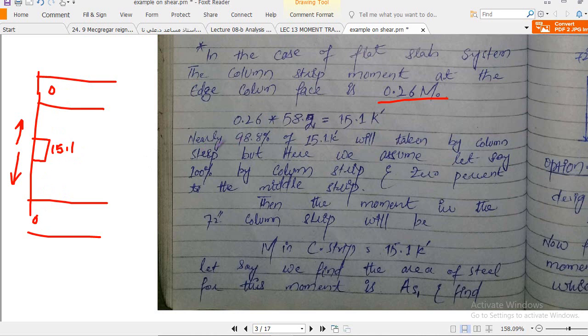On the other hand, it is actually not 100%. It is said that 98.8%, roughly 99%, of this moment is absorbed into the column strip, while the rest, 1.2%, will go toward the middle strip. But here we will assume that 100% of the moment is taken by the column strip and 0% goes toward the middle strip.